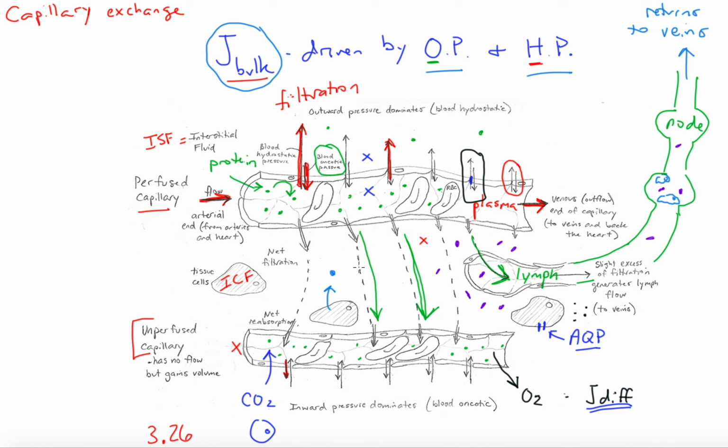Now it can end up in the bloodstream, if it's a hormone or some other molecule that needs to end up in the bloodstream. So our fluid movement here is from plasma to interstitial fluid to lymph and back to plasma. It's a circuitous pathway of fluid movement that's really important.